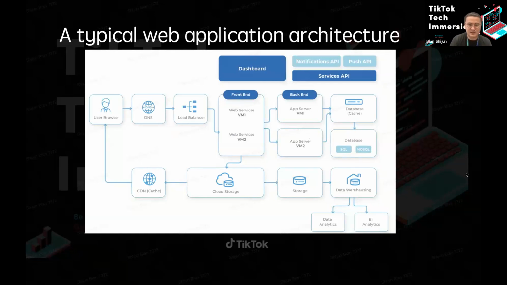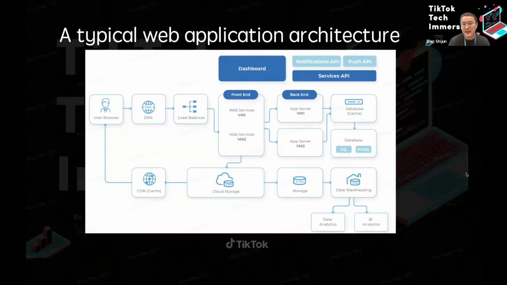From the fundamental ones, we have DNS and the load balancer, right? Web servers, and a front end server to render the fancy front end UIs. You can see we have different backend servers processing different logic, probably IO intensive or CPU intensive logic. We have a lot of microservices.